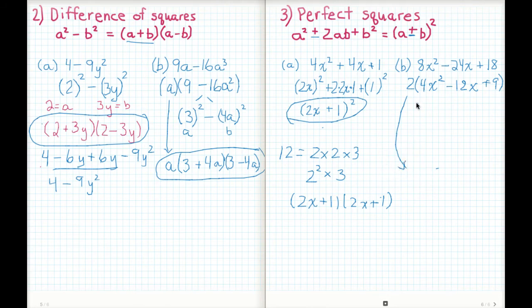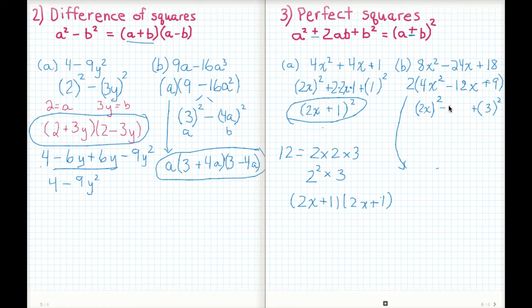Okay, so let's see if this beginning, if we square root that, can we make something squared? 4x squared we've had before. We know that's 2x. The last term, square rooted, is 3. And now we check the middle. One thing we notice right away is that there's a minus sign here, so this middle term is going to have to be negative, and then we know we use the negative pattern rather than the positive one.